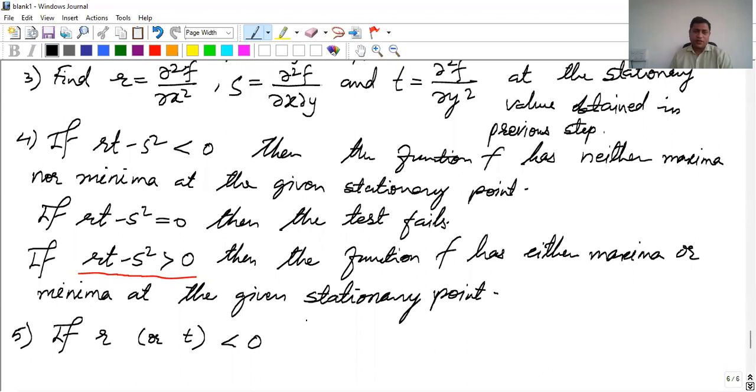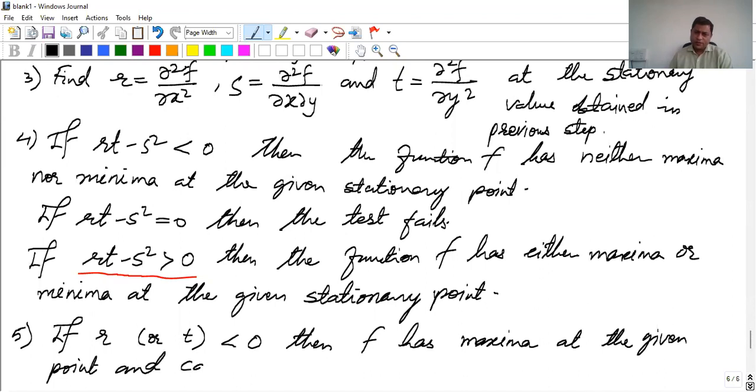If their signs were different, we could not have a maximum or minimum. So if R or T is less than 0, then f has maxima at the given point.